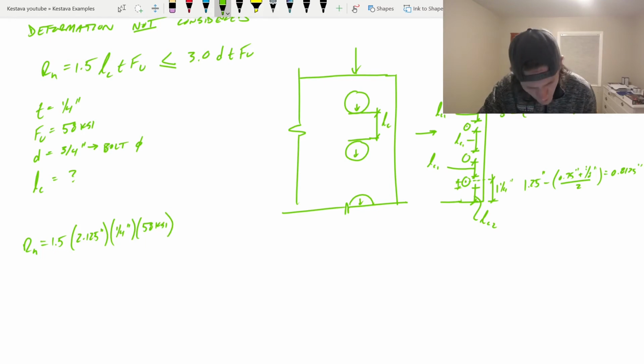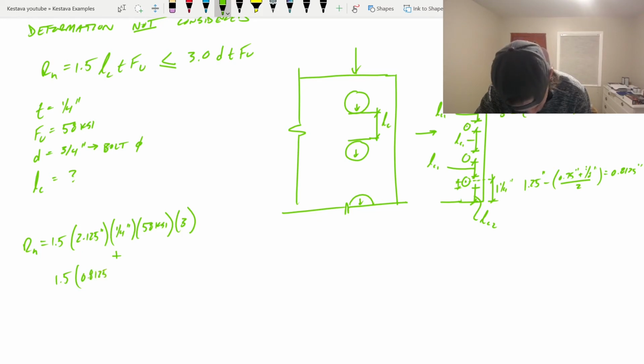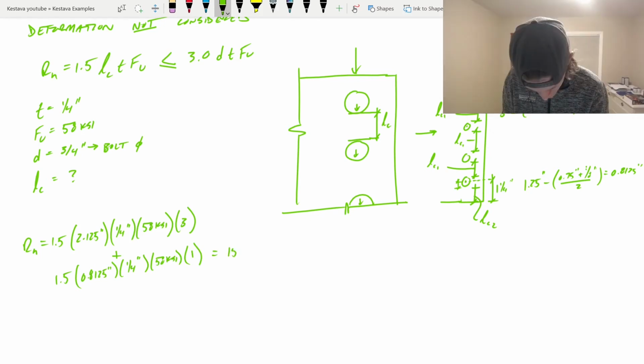And for LC1, we know we have 3 conditions where that happens, so we're going to multiply that by 3. And then we're going to add the same thing, 1.5, except now we're using LC2, which is 0.8125 inches. Again, 1/4 inch, 58 KSI, and there's just one of them. That is going to equal 156.3 kips.